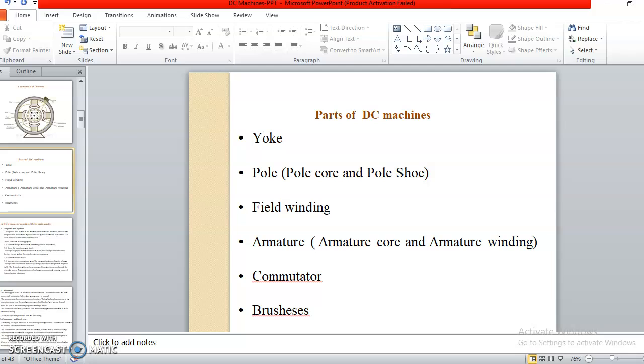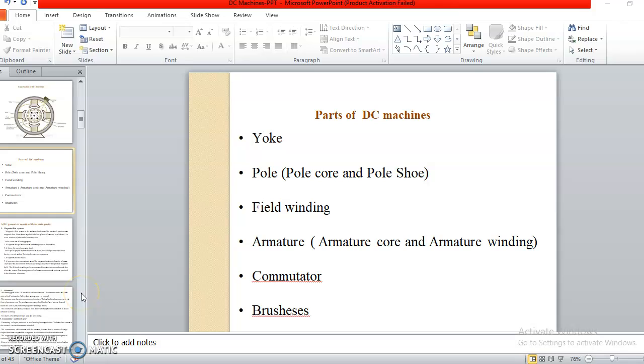And the last part is the brushes. To collect current from the commutator and make it available for the external circuit in the case of a generator, or to give an external electrical supply to the armature winding in the case of a motor, we require brushes. So this is all about the construction of the DC machine.